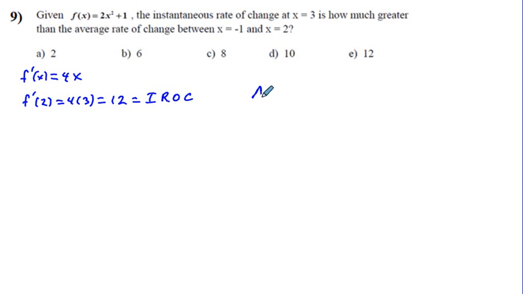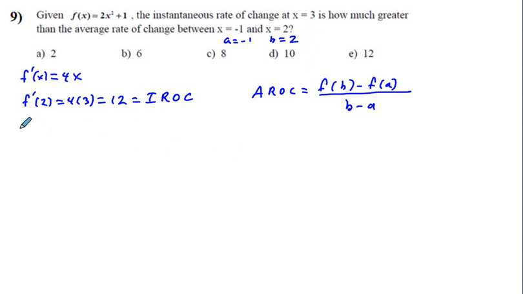Average rate of change equals f(b) minus f(a) over b minus a. And so we'll say a is equal to negative 1, b is equal to 3.